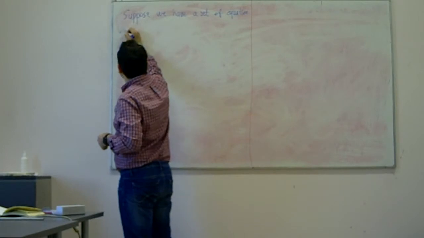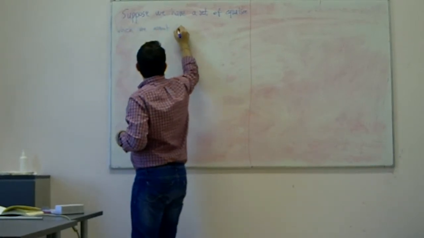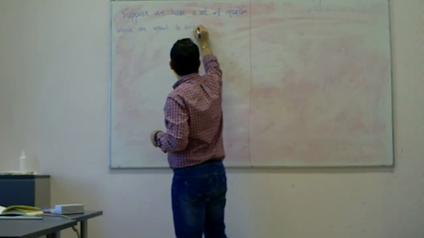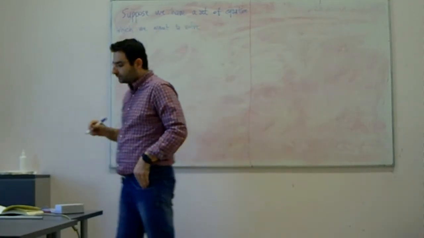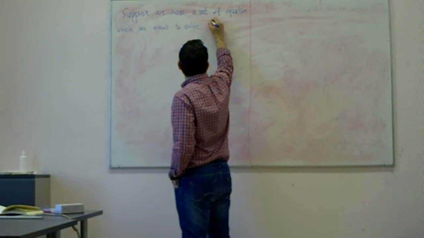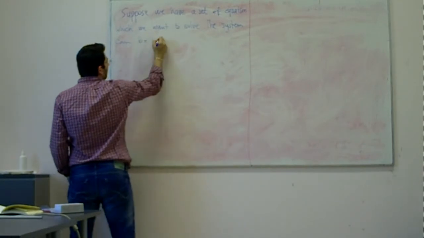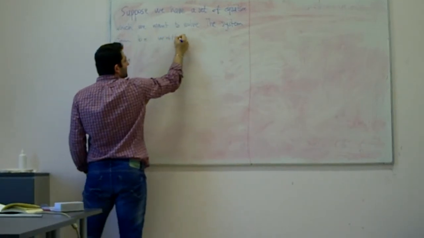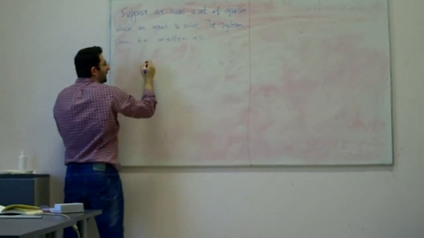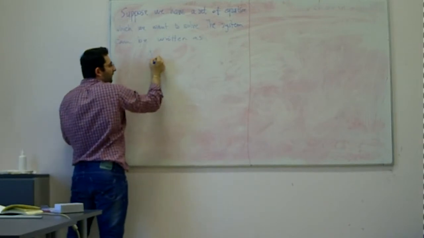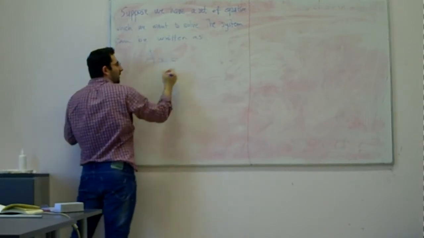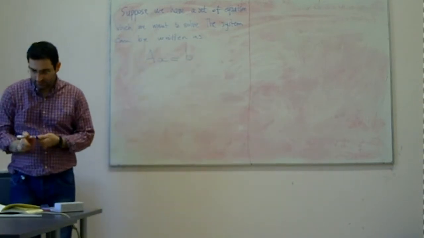which we want to solve. The system can be written in a matrix form as Ax is equal to b, right?